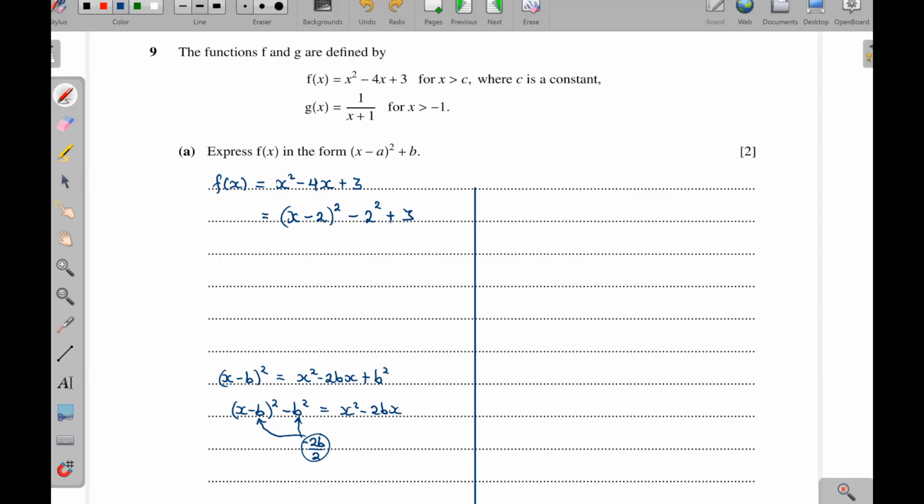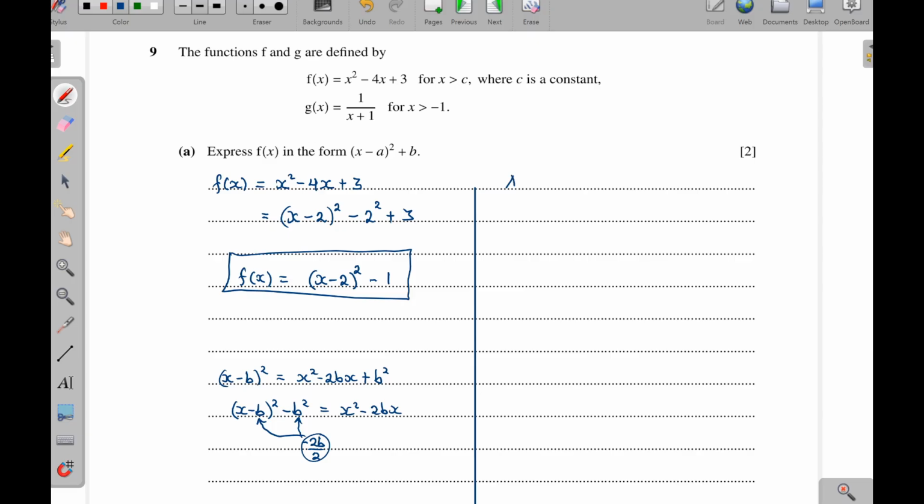So this means that our f of x now is going to be x minus 2 squared, and then this is 3 minus 4, you get a negative 1, and that becomes our answer there. So meaning our a is a 2, if you see here, and then our b is a negative 1.